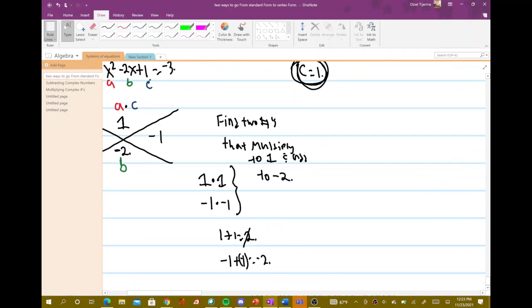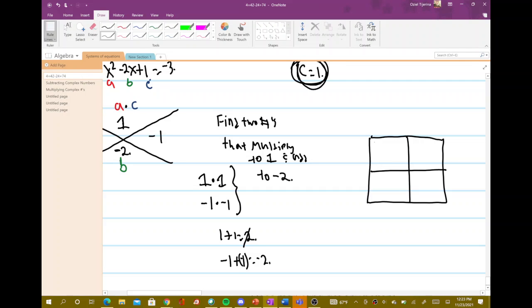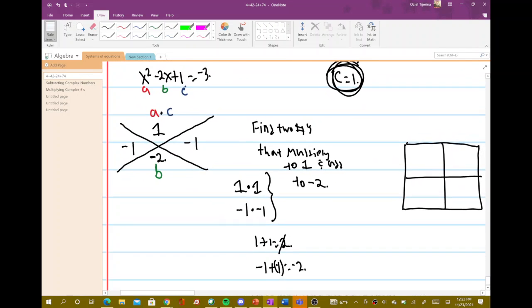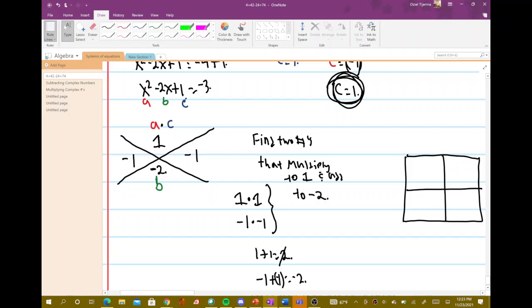Now, you do a box, right? Here you have ax squared.